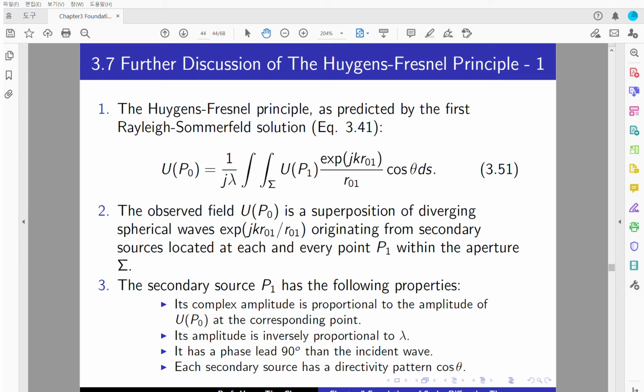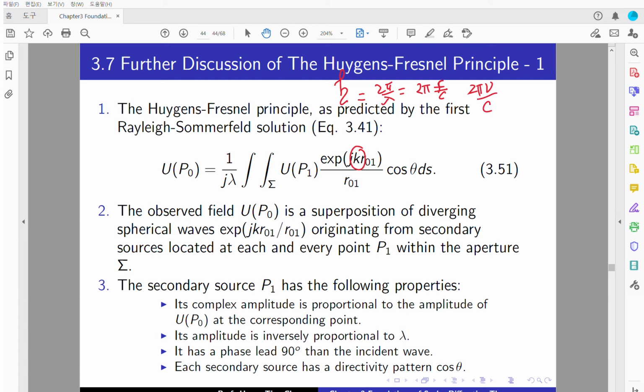Remember that k was 2 pi over lambda, and it is nothing but 2 pi f over c, so in fact it involves the frequency component, or 2 pi nu over c.